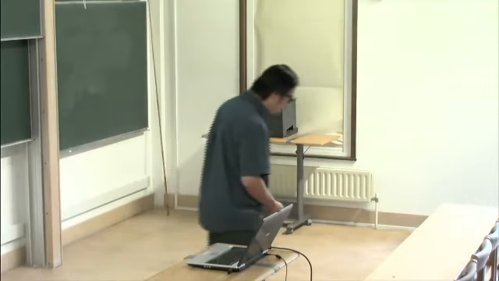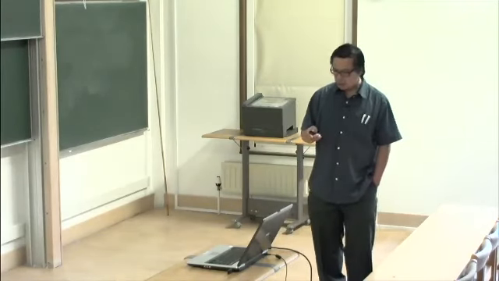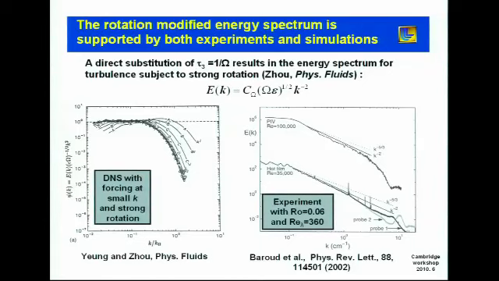All right, so if we apply this process to this problem, what kind of results are we going to get? As I mentioned, in this case the dominant time scale is given by 1 over the rotation rate, and then you can derive the energy spectrum for these kinds of flows as k to the minus 2. This is in contrast to the classic Kolmogorov k to the minus 5/3.